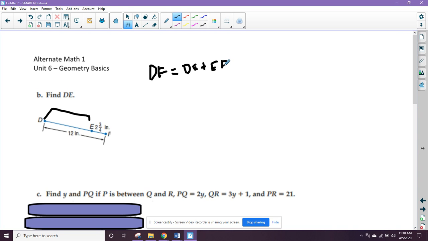So we're just going to substitute in what we have. So DF, we have the full segment here states it's 12 inches. So we have 12 equals DE, we do not have. That's what we're trying to find. We're trying to find what DE is.